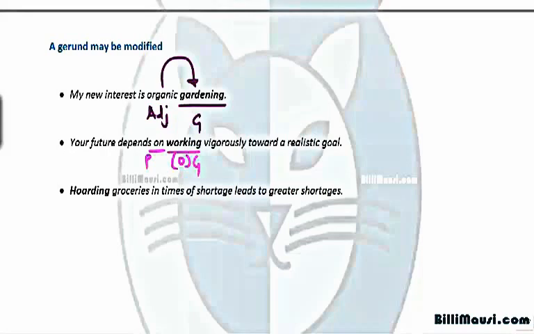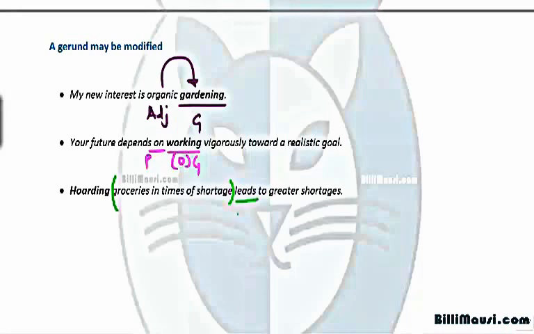Let's see the next sentence. Hoarding groceries in times of shortage leads to greater shortages. What we can do here for a faster and better understanding is put this groceries in times of shortage in parentheses, and we have a simple sentence now: hoarding leads to greater shortages.